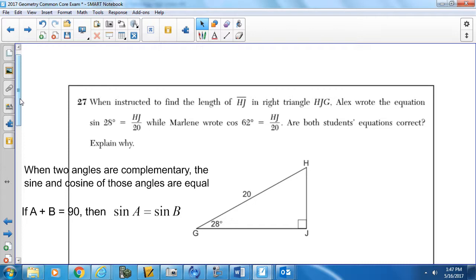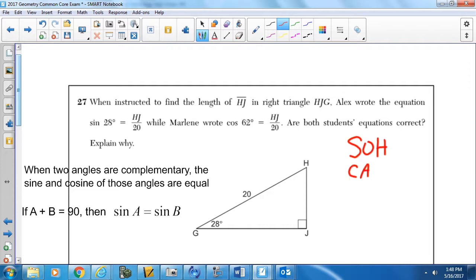Explain why. All right, you have a right triangle, and both of these students used sine, cosine, or tangent. That's SOH, CAH, TOA. Remember, we have sine, cosine, and tangent. So the first student said, okay, to find HJ, I'm going to do the sine of 28.